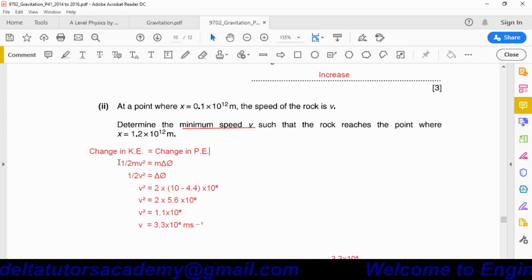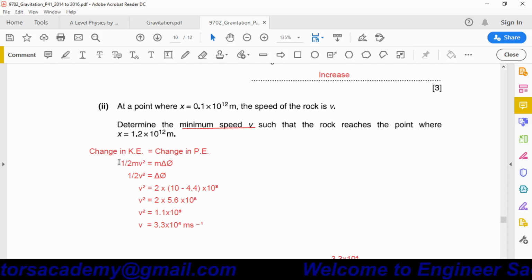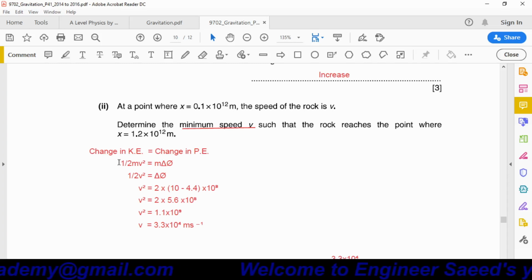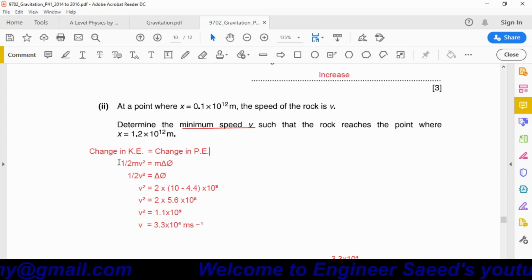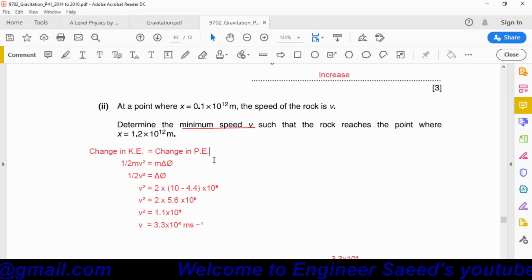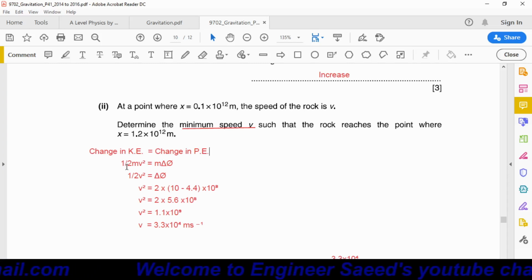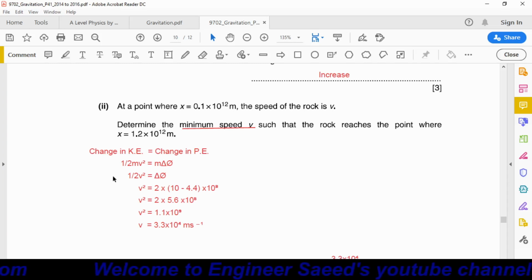We know that change in kinetic energy will be equal to change in potential energy; a loss in potential energy will be equal to gain in kinetic energy. Kinetic energy is given as half m v square and potential energy is given as m delta phi.